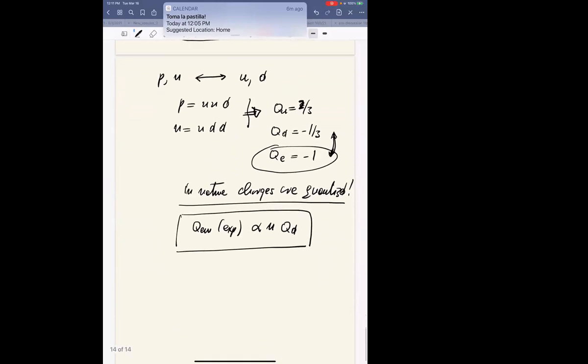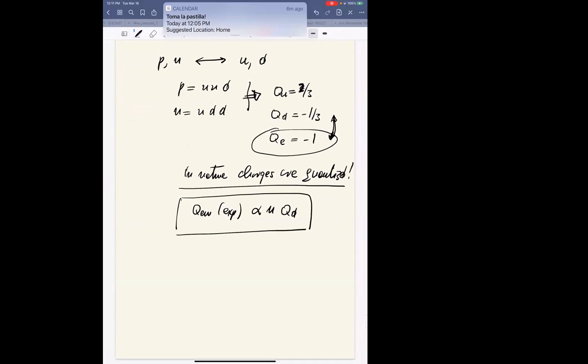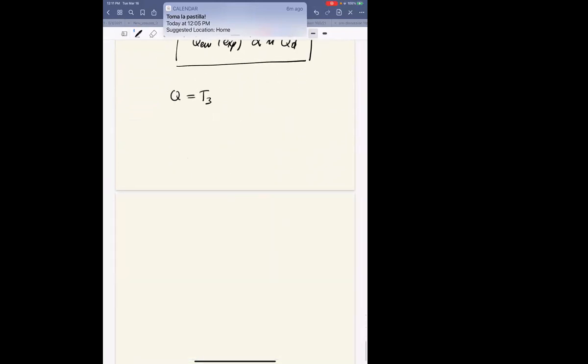However, this is wrong, unfortunately, because in SU2, if you take Q is T3 in the minimum normalization, you will find out immediately that the charges are plus or minus half. All of the doublets are the same in SU2. They will not be distinguished.